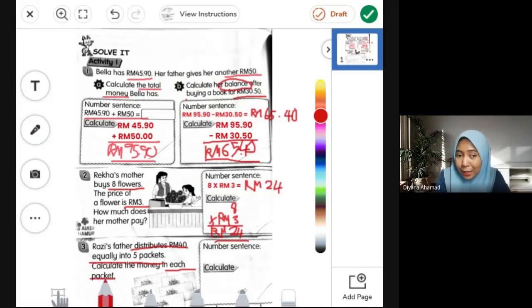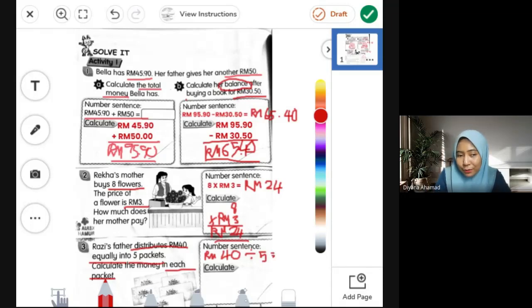I need to do the division of money. Razi's father has 40 ringgit and he distributes it into 5 packets. 40 divided by 5. What is the answer?